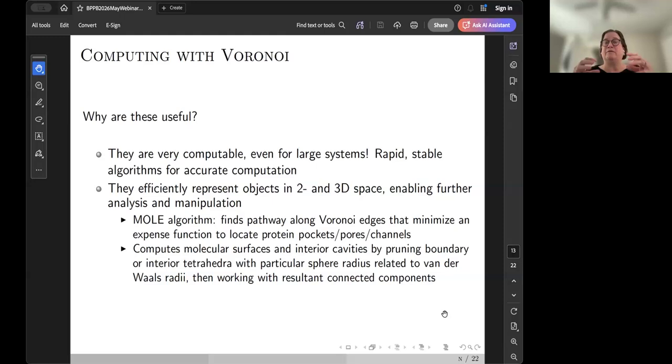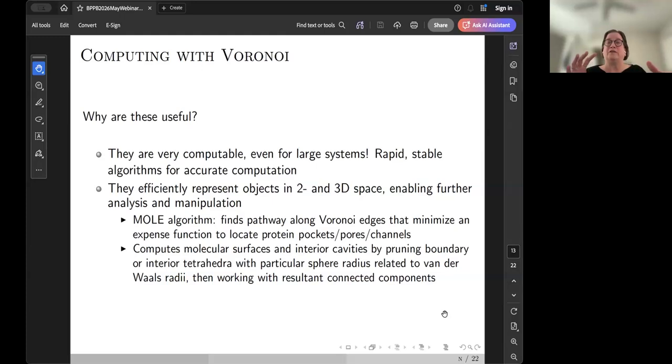But there are very rapid, very stable algorithms that enable us to do very accurate computation on these sets. They give us a very efficient representation of 2D and 3D point clouds. And in our case, our point clouds are going to be clouds of atom locations in 3D space that we have from structural data.